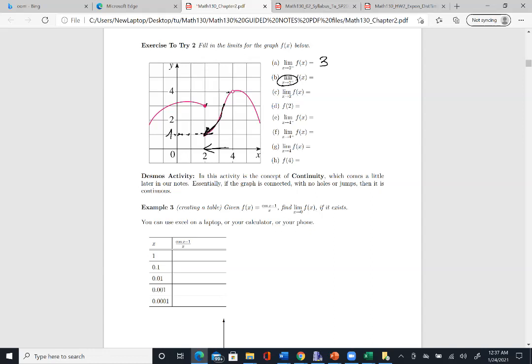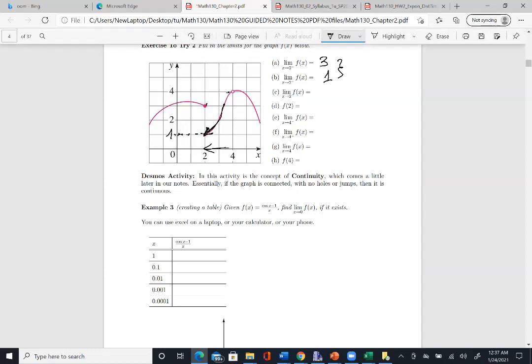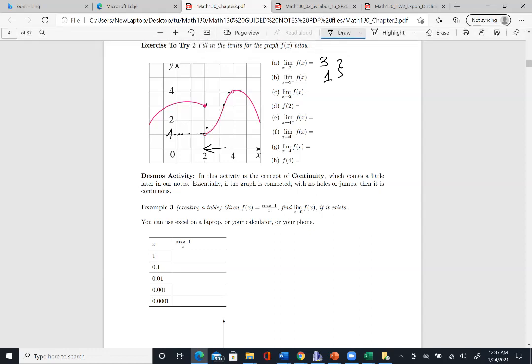It is 1. So you see that if you compare for the f(x) when x go to 2 from the left hand side and when x go to 2 from the right hand side, then they are not equal each other, right? Not equal each other.